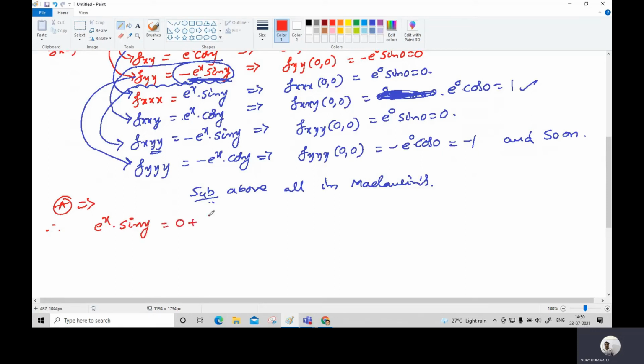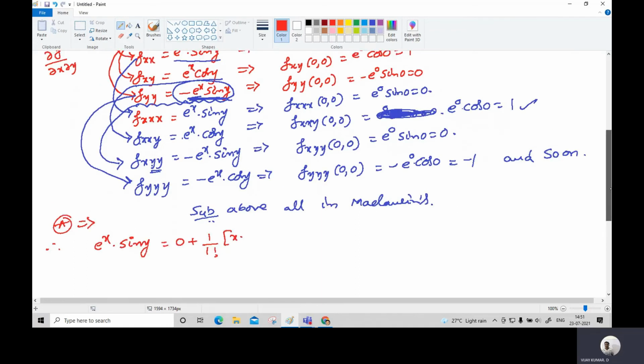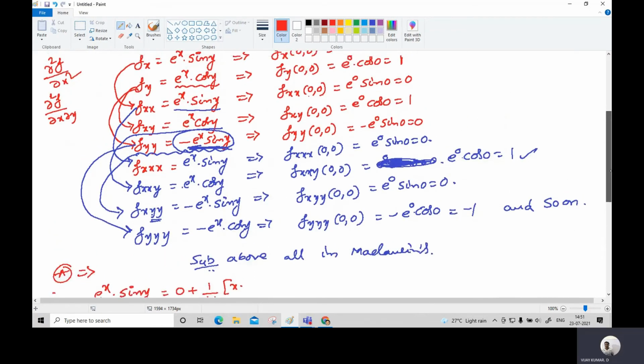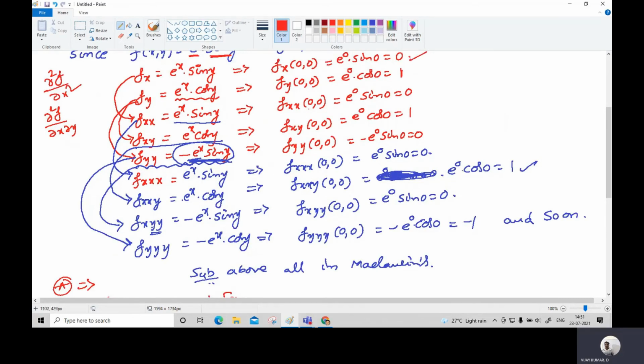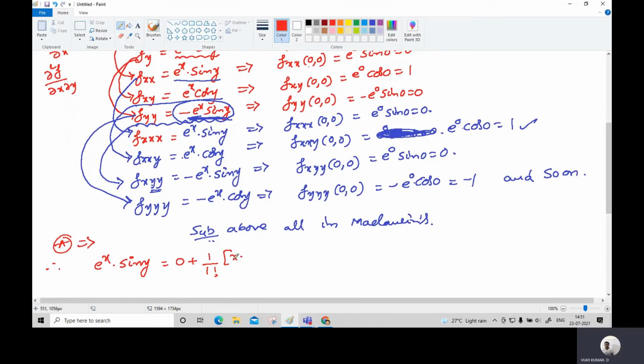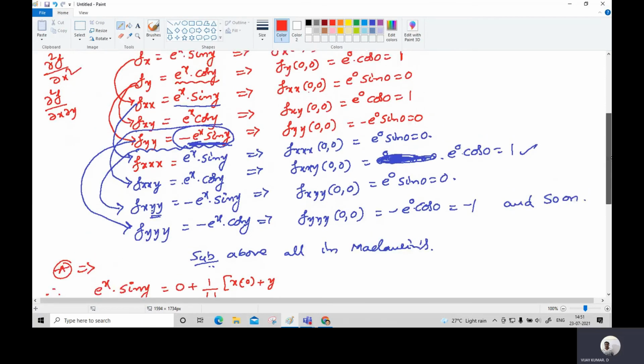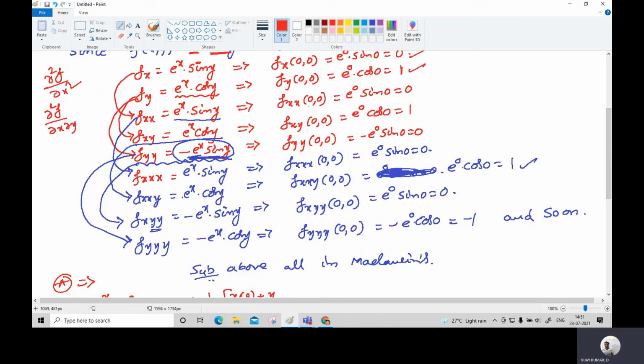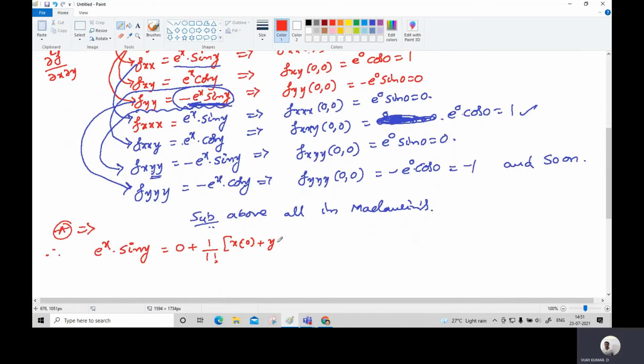First term is 0 plus 1 by 1 factorial into x into fx at origin. First term 0. So you will get x into 0 plus y into fy at origin. Where is fy at origin? Which is 1. Y into 1.